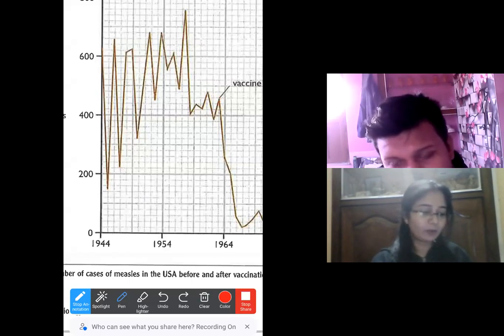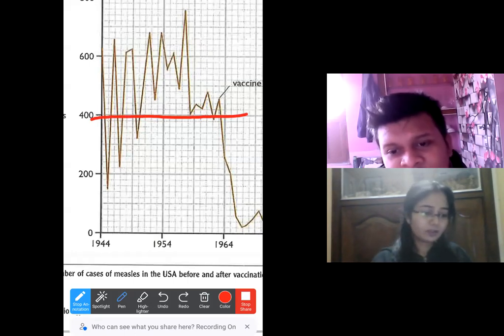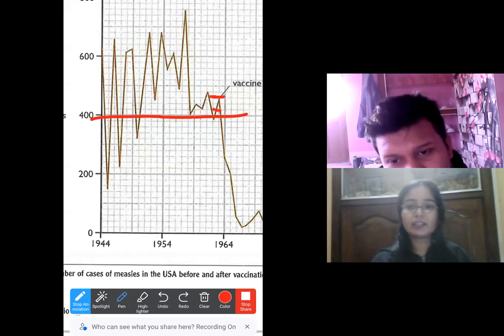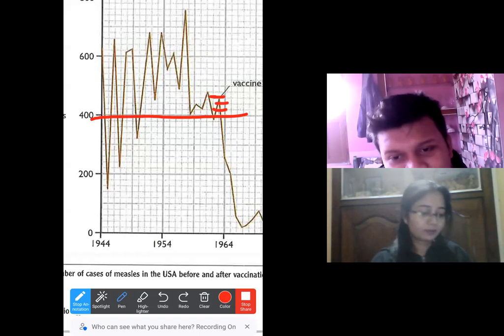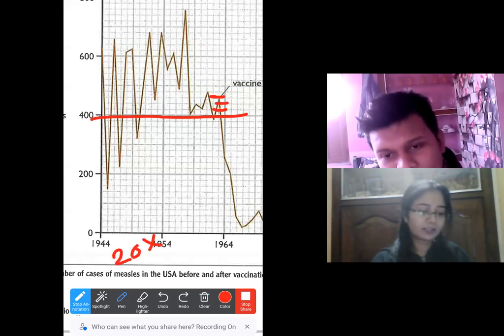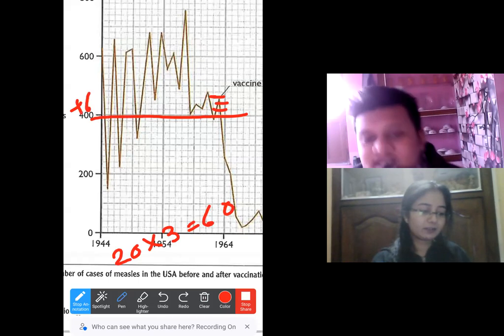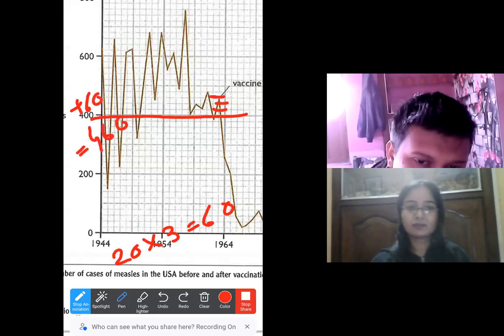Up to this it's 400, right? After that, how many small boxes are there? 3. So one small box indicates 20 cases, and three small boxes mean a total of 60 cases. So 400 plus 60 is 460 cases. Is it clear now?